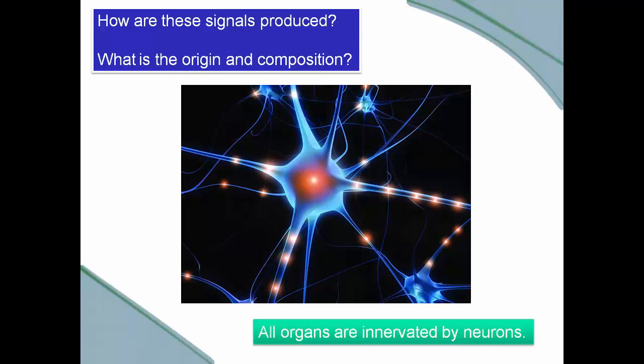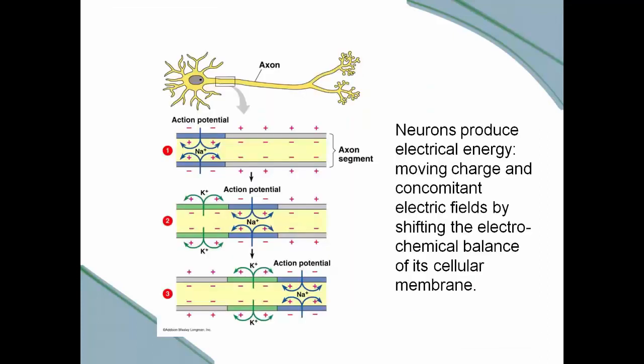Now, we know that pretty much all organs are innervated by neurons, and neurons are electrochemical by their very nature.